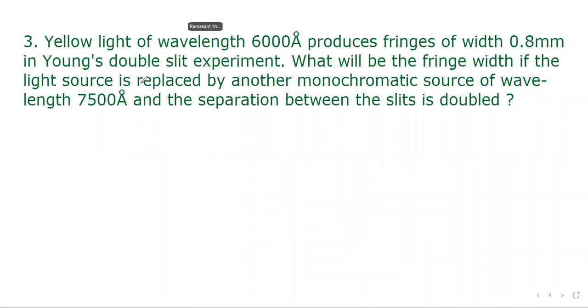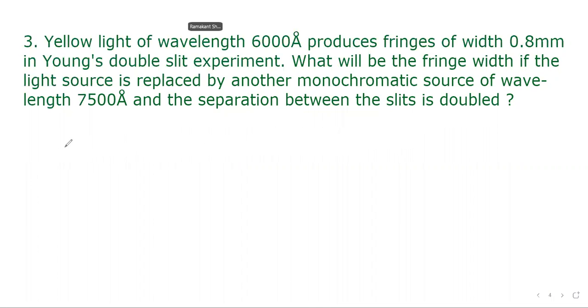Next one. Yellow light of wavelength 6000 angstrom produces fringes of width 0.8 millimeter in Young's double slit experiment. What will be the fringe width if the light source is replaced by another monochromatic source of wavelength 7500 angstrom and the separation between the slits is doubled?